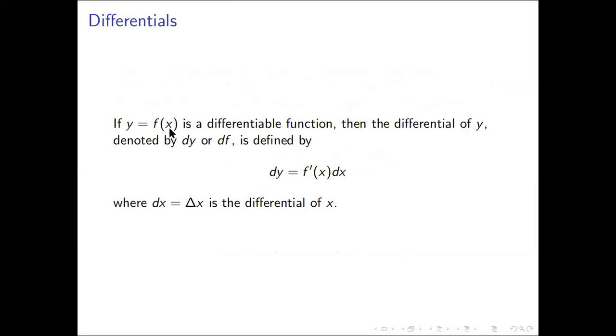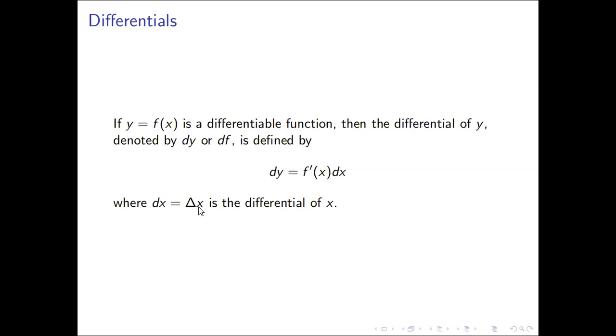If y equals f of x is a function that's differentiable, then the differential of y, which we denote by dy, not delta y, it's differential of y, or sometimes we just denote by df, since y equals f of x, is defined by the following equation here. dy is equal to f prime of x times dx, where we call the dx there the differential of x. And it's simply the same as the change in x, or delta x.